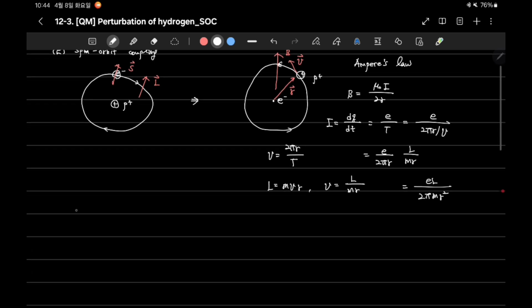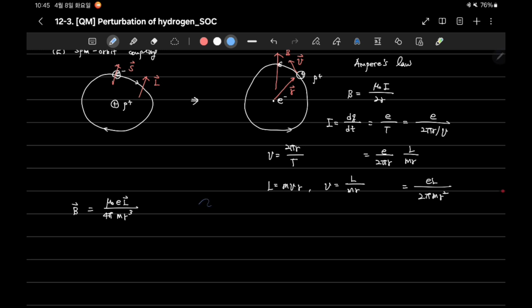So the magnetic field can be written as mu 0 e L over 4 pi m r cubed. Angular momentum is a vector quantity, so the magnetic field is also a vector quantity.